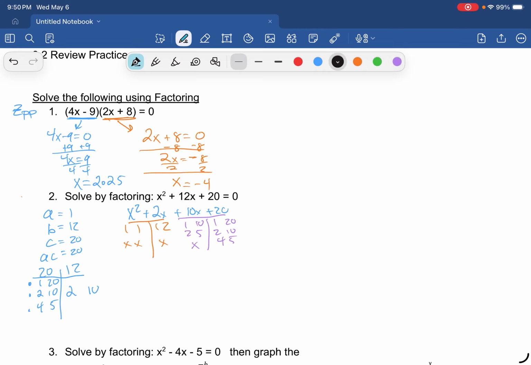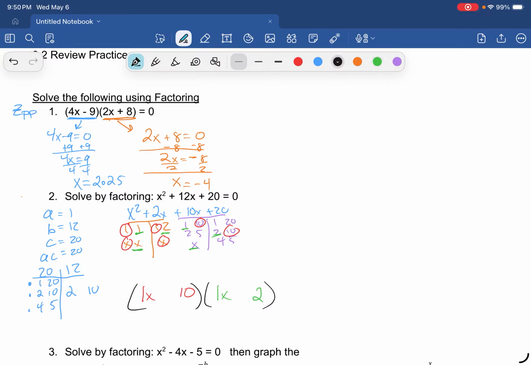There are my factors of the second piece. Okay, there's my parentheses. My GCF over here is going to be a 1x, and my GCF for the purple is going to be a 10. My leftovers are 1x and 2, 1x and 2.